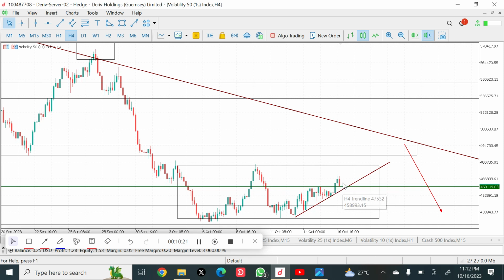So if price successfully gives us a weak rejection or a sign that it wants to hold this area, then we know that we are most likely to see price continue to the upside.